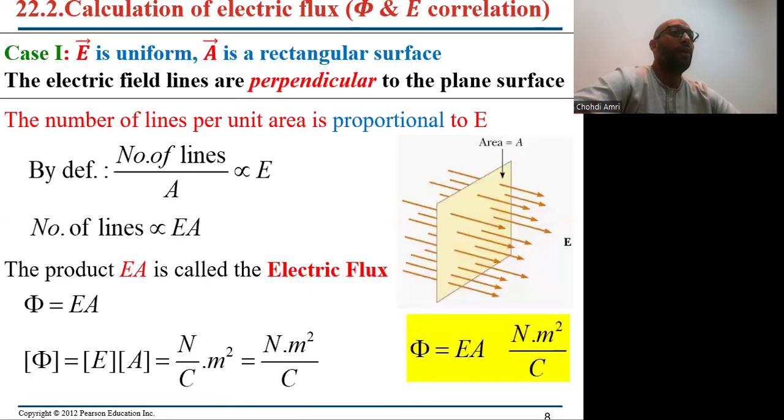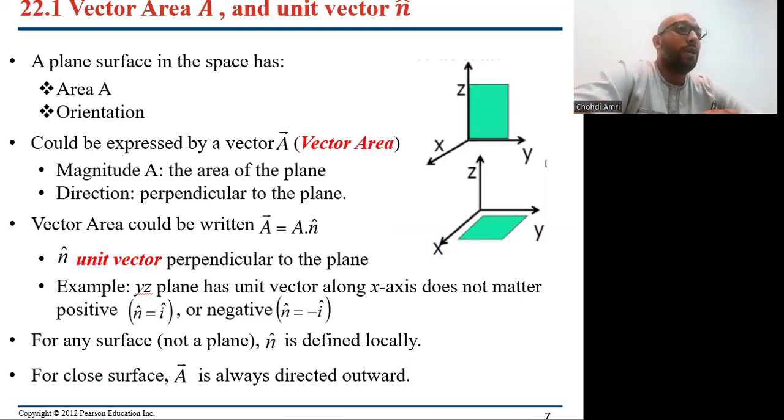Let me talk a little bit about something that we call vector area. The vector area, in a short definition, is a vector perpendicular to the surface or to the plane, where its magnitude is equal to the area of the plane.